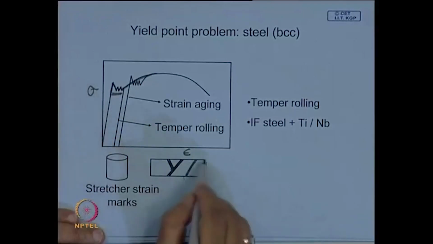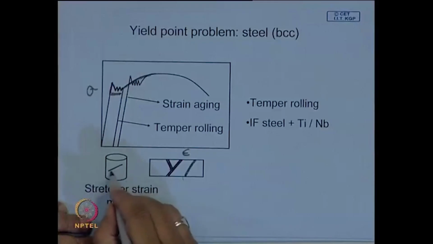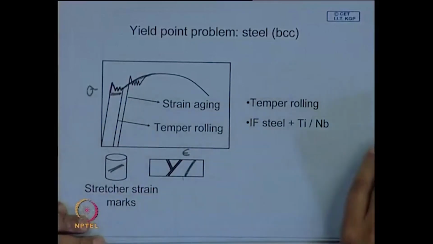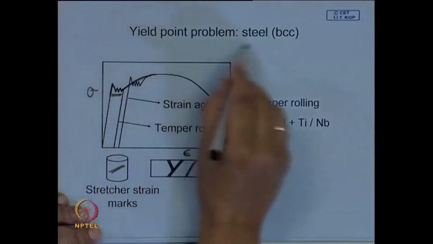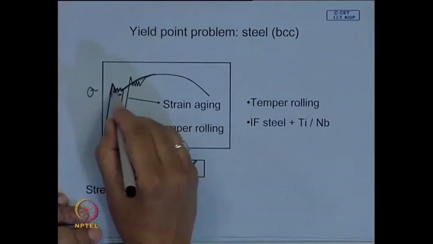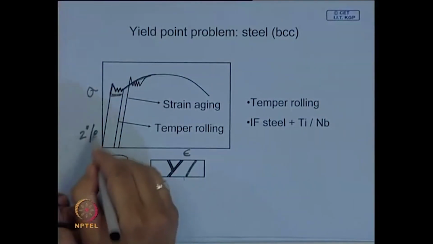These Luder bands leave uneven marks on these highly deformed areas. These marks are quite visible, and in fact, if you get these stretcher marks, the product won't sell. So, one way of avoiding this is to give many of these steels a temper rolling, maybe 2% cold drawn.